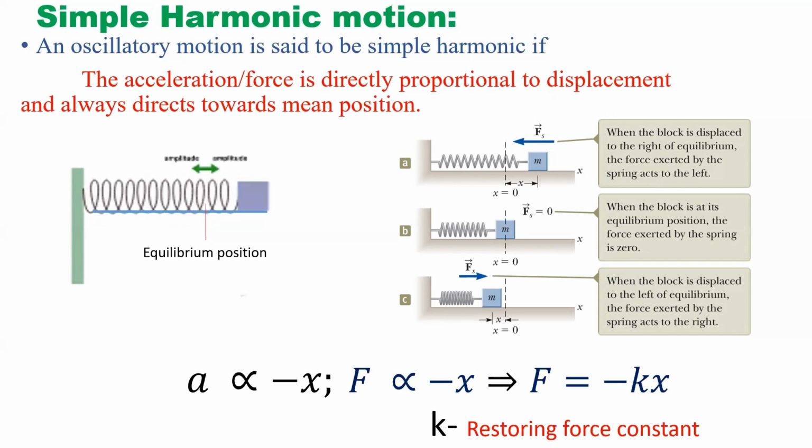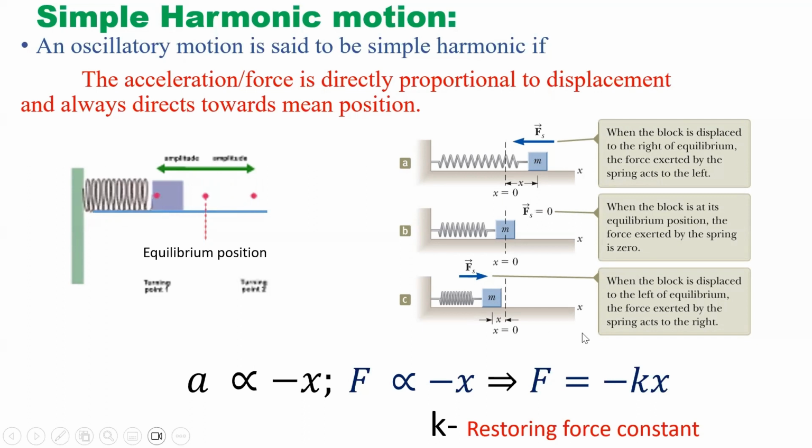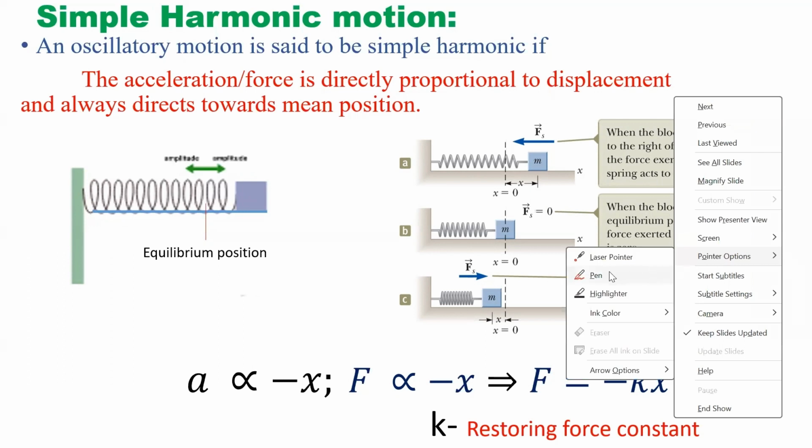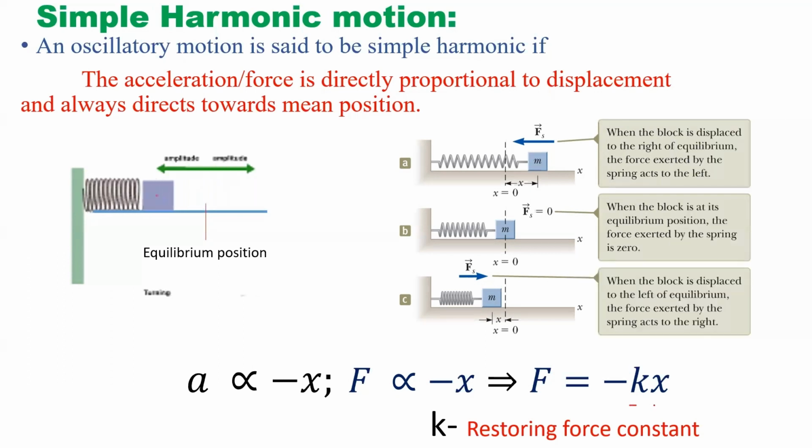So F is proportional to minus x, or we can consider a also proportional to minus x, because according to Newton's second law, F equals ma. So F is proportional to a. So if a is proportional to minus x, F is also proportional to minus x. That proportionality is replaced by a constant k, known as the restoring force constant. So this k is the restoring force constant here.